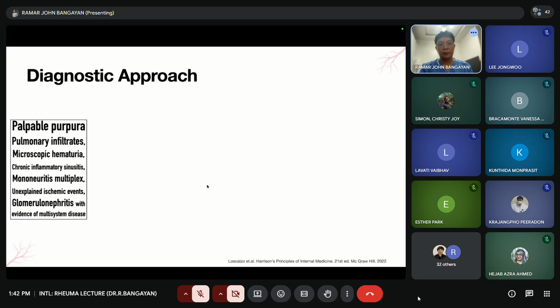So we also have unexplained ischemic events. Once a young patient, less than 50 years old, experiences myocardial infarction or cerebrovascular accidents such as cerebral ischemia, it doesn't really happen in younger individuals. So you have to work up these patients and consider vasculitis or even autoimmune illnesses for that matter.